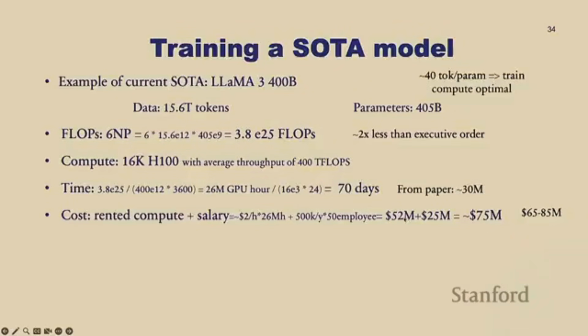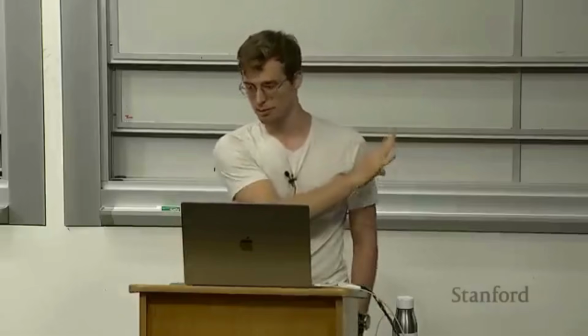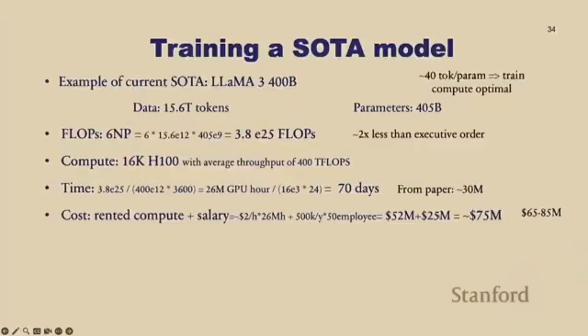They probably pay less than that, but not actually much less, because all these services that rent GPUs don't make that much money. Now salary, I said 50 employees, $500K per year. It's probably the right ballpark, 25 million. So if you put it all together, around $75 million for training this Llama model. I'm probably off by like 10 million, but that's the right ballpark.